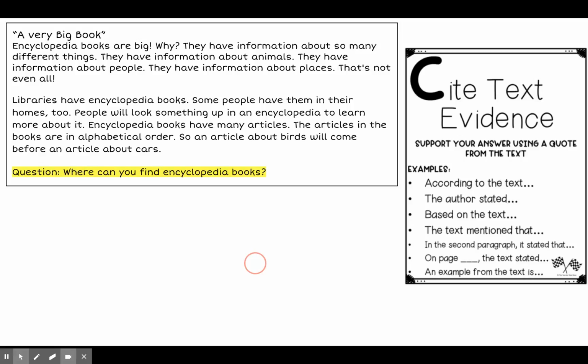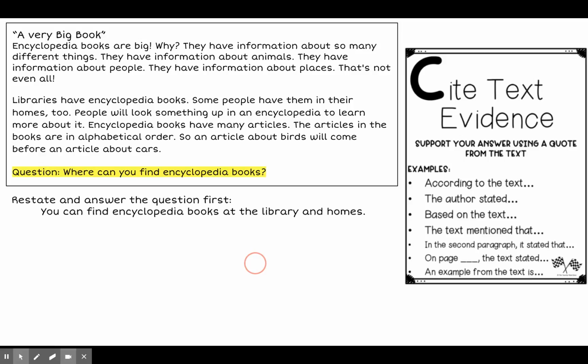Some people have them in their homes too. People will look something up in an encyclopedia to learn more about it. Encyclopedia books have many articles. The articles in the books are in alphabetical order. So an article about birds will come before an article about cars. The question is, where can you find encyclopedia books?